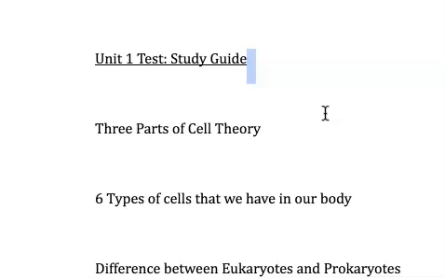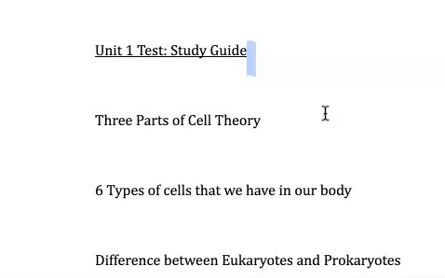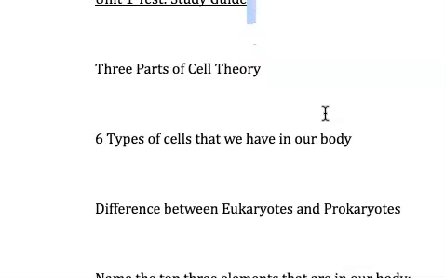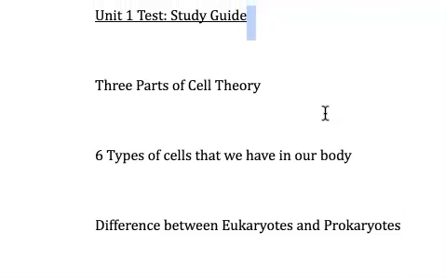You're going to have to tell me the 3 parts of cell theory. This is all lesson 1, about a month or 2 ago. We started this prior to science fair. I'm going to send you all the PowerPoints from lessons 1, 2, and 3 that you do not have. You have lessons 4, 5, and 6.